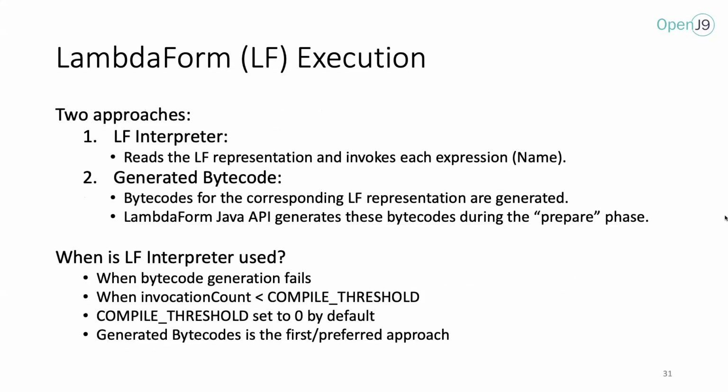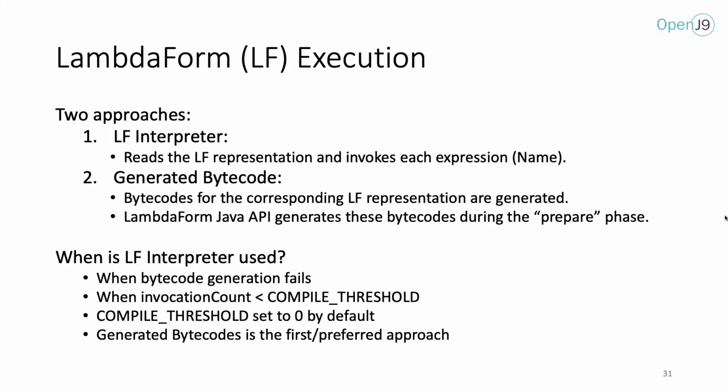Now we have described a LambdaForm. Now we want to know how a LambdaForm gets executed. There are two approaches to executing a LambdaForm. First is an interpreted approach. In this approach, we will read all the fields in the LambdaForm, look at the expressions, execute the function in each expression with the required arguments, and then return the result for the LambdaForm.